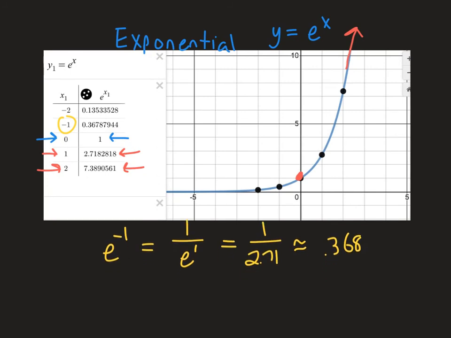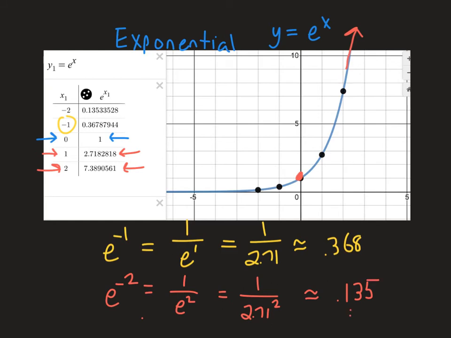As we keep going, e to the negative second, again, a negative exponent means reciprocal. It's 1 over e squared, which is 1 over 2.71 squared. So the denominator's bigger, which makes the whole fraction get smaller.